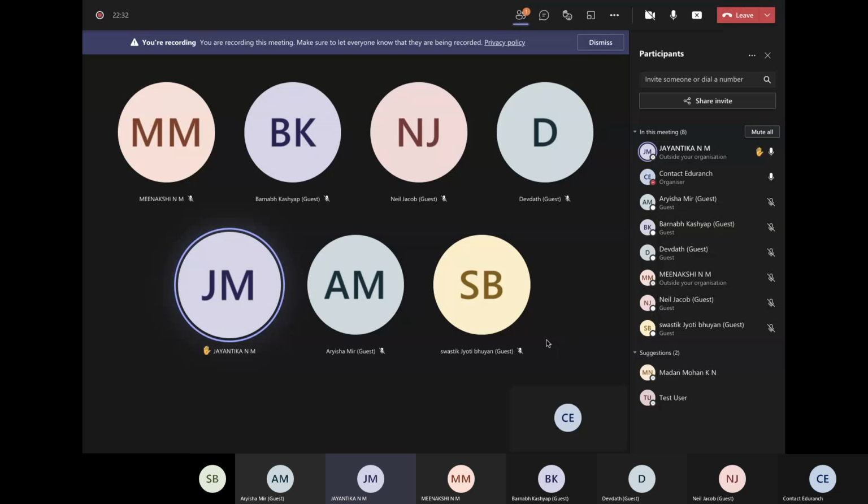Yes, sir. So, different types of computers. We have Windows, Mac, then Linux. You're absolutely right. Any other flavors?